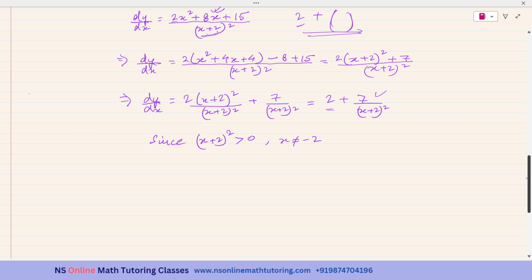Okay. So therefore, dy by dx is greater than 2. I can write, therefore, 7 over x plus 2 whole square is greater than 0.